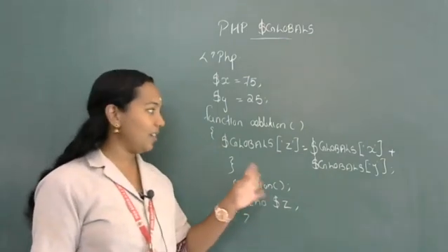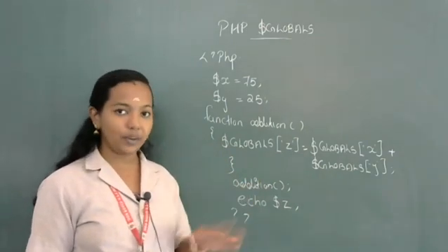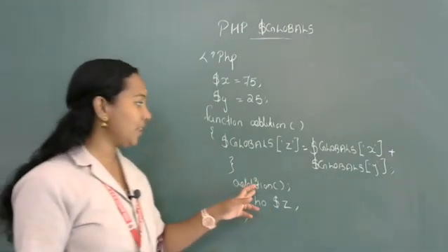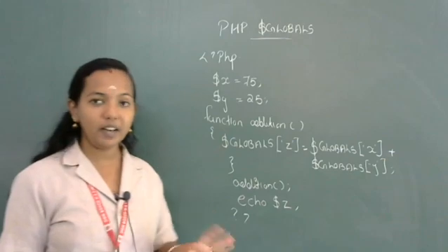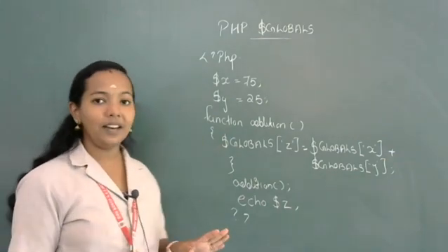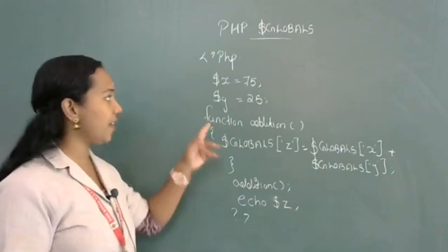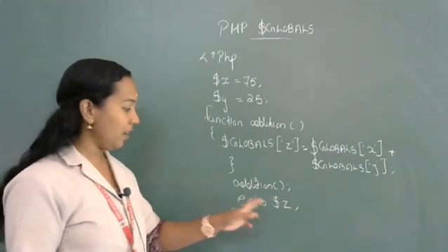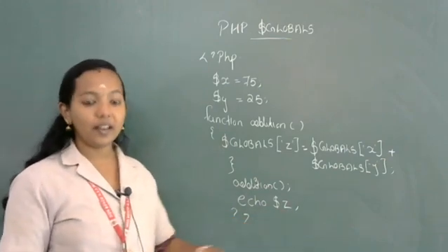After that, I am not returning the result, I just close the function. After the addition function, I didn't mention the variable. So what will be the variable? X and y. So the result will be 75 plus 25, 100 we will get. Then echo $set.